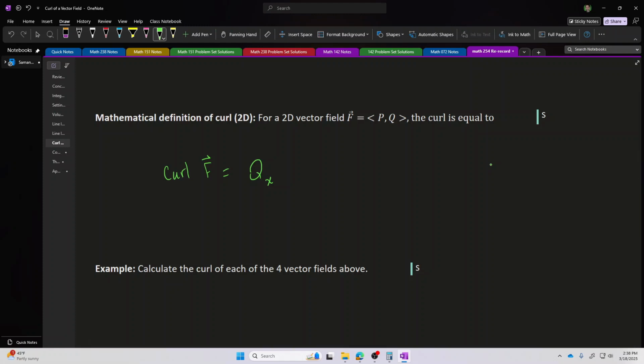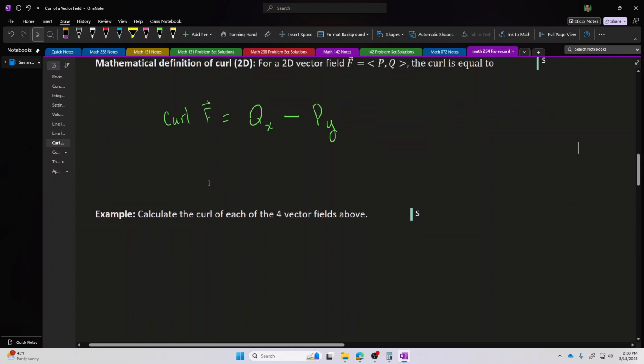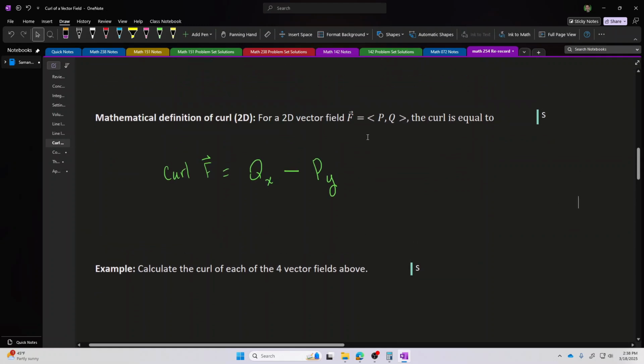Remember partial derivatives from all the way back in phase 1 of the class. Then we take P and take its y partial derivative, P sub y. And then we subtract the two in the order Q sub x minus P sub y. That is the curl of a two-dimensional vector field.